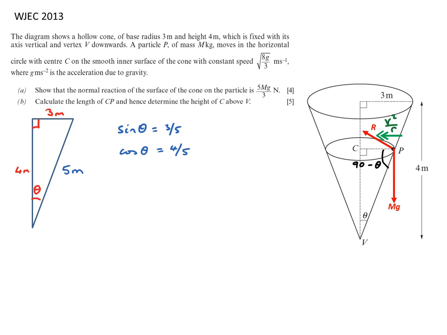We know that the reaction force R is at right angles to the surface of the cone, and therefore the angle that R makes with CP must be theta.